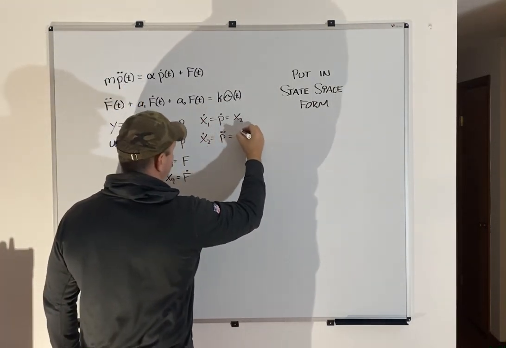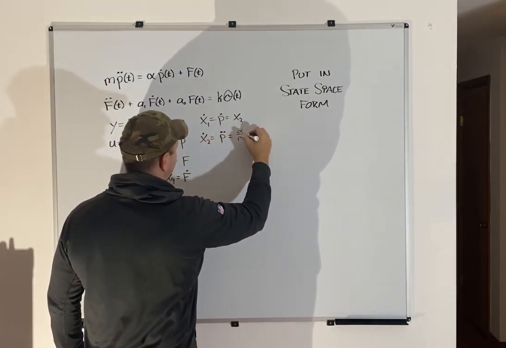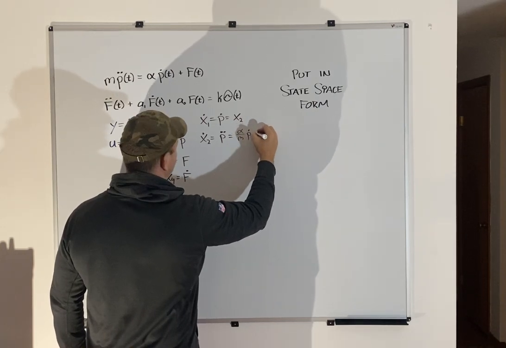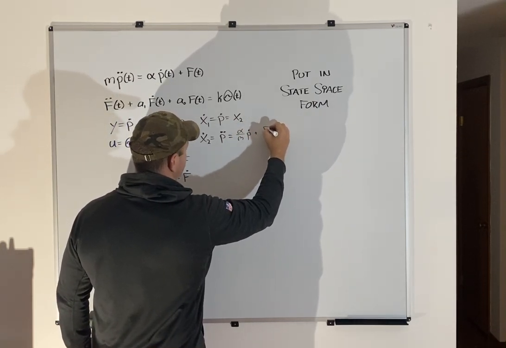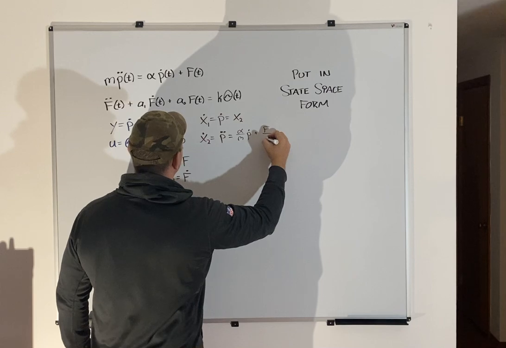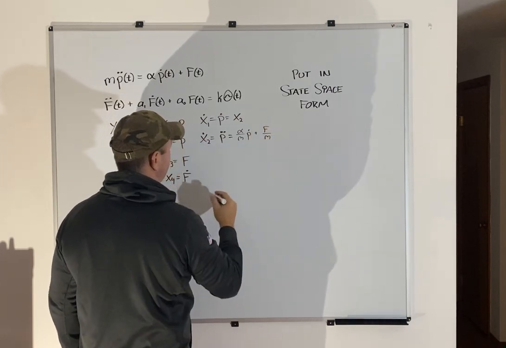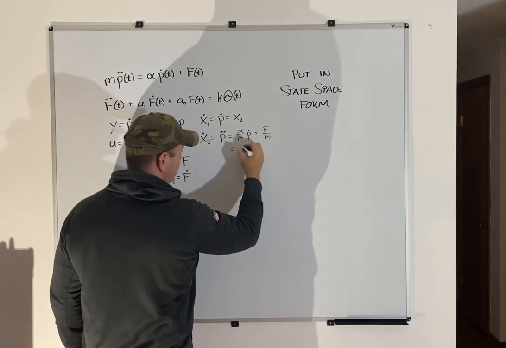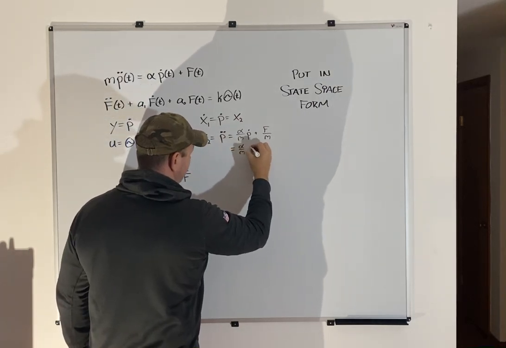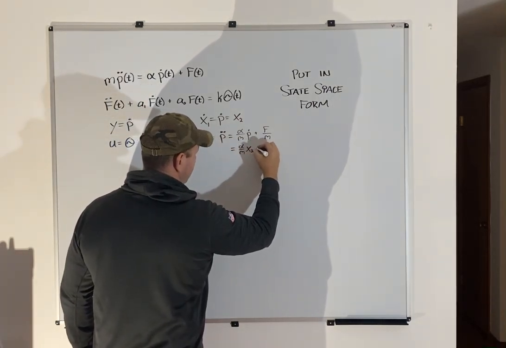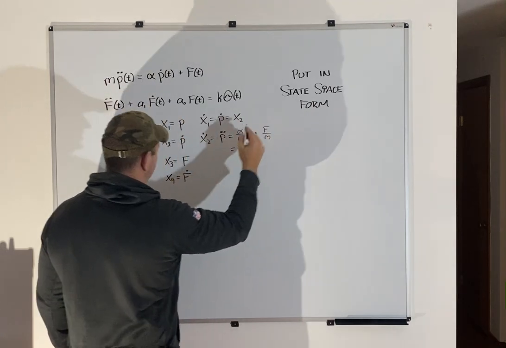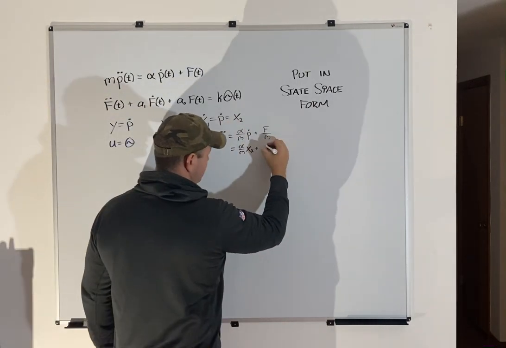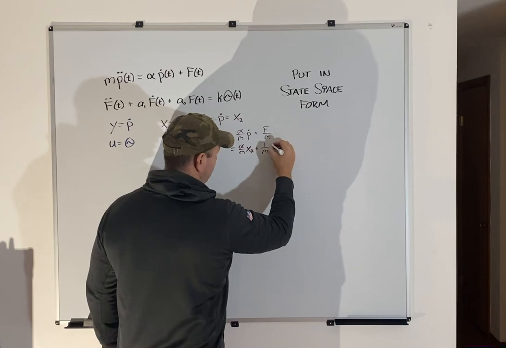So it's going to be alpha over M P dot plus F over M. Now, P dot is X2, so this is really alpha over M X2, plus F is X3, so this is 1 over M X3.